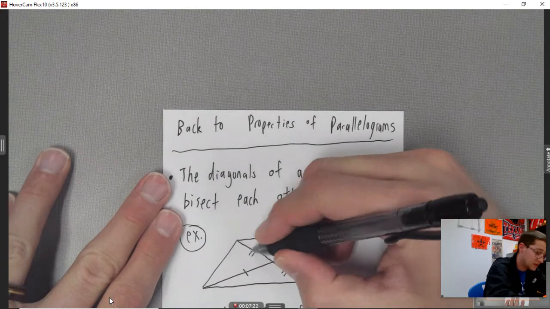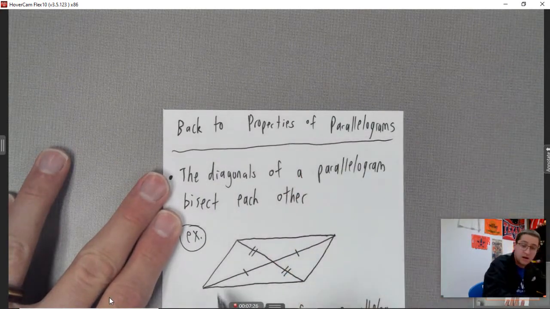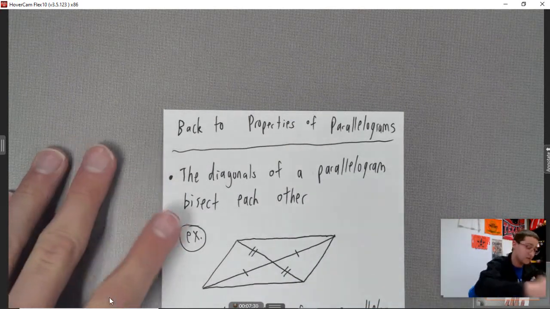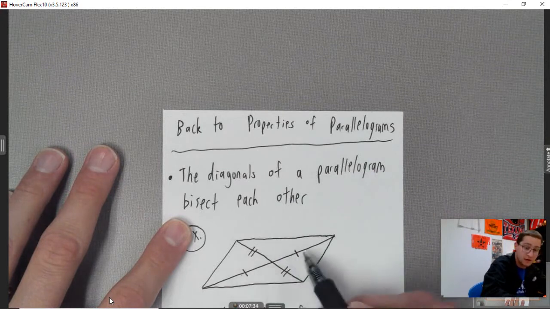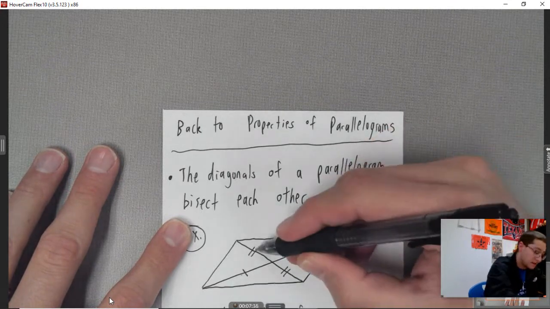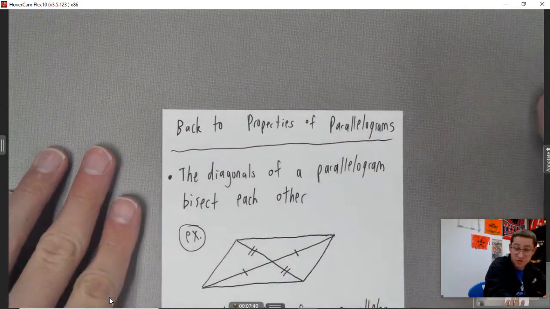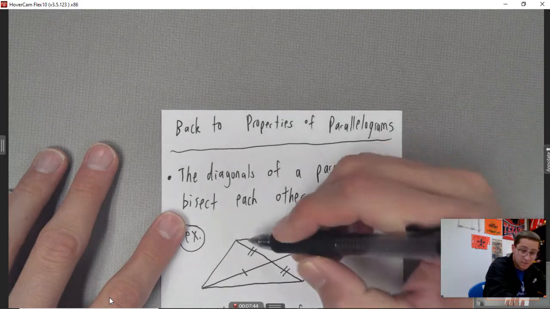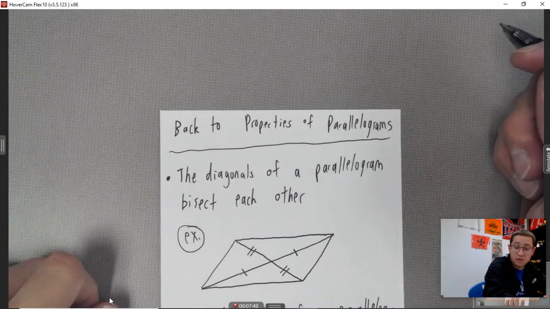So this line splits the other line, and this line also splits the other line. You end up with equal parts: these two segments are the same, and these two segments are the same, because they split each other in half.